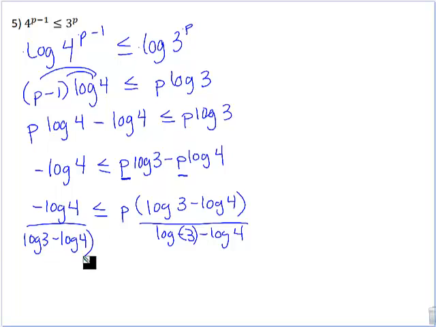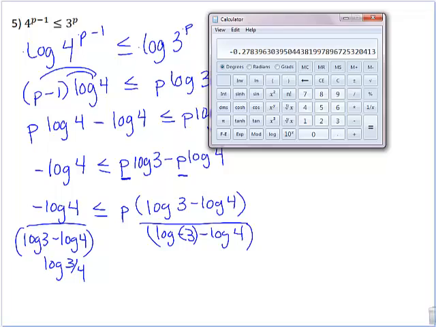And make sure you include parentheses around the whole thing in your calculators, or that'd be the same thing as dividing by the log of 3/4. It doesn't matter which way you do it. So here we'll get the calculator out. So we had the log of 4 negative. That's a negative number right there.